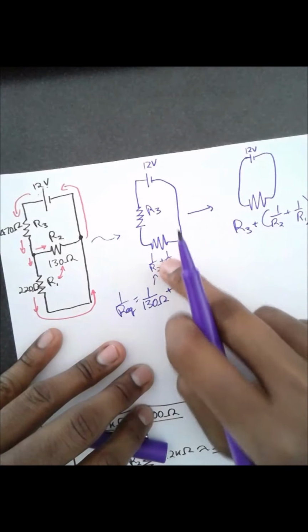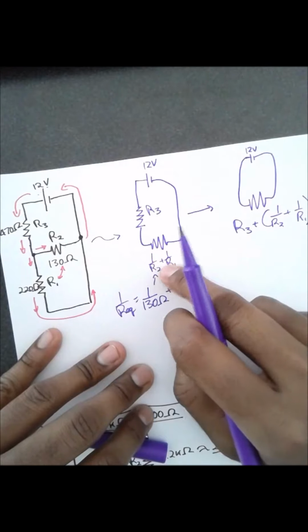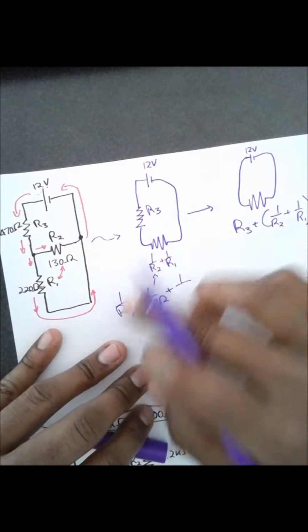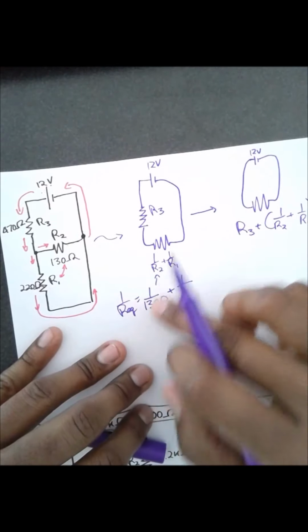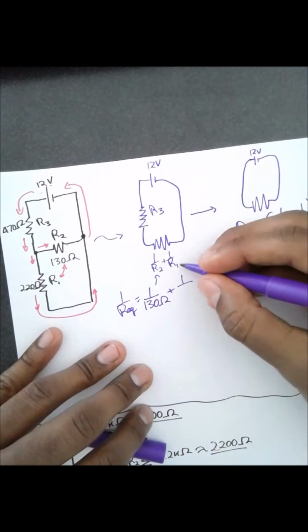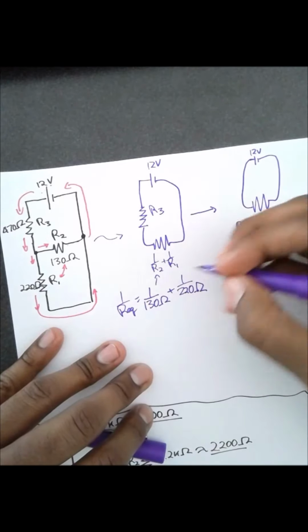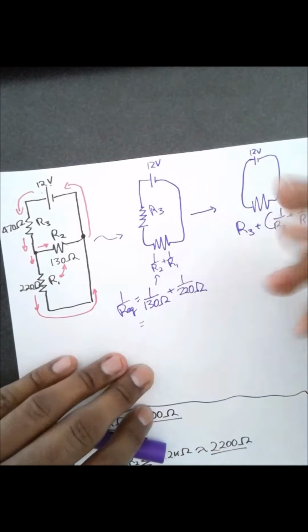This seems to state that the equivalent resistance is 1 over R2 plus 1 over R1. It's not. It's the reciprocal of that. This is 1 over REQ is equal to 1 over 130 plus 1 over whatever R1 is, which is 220. Okay, so now we're going to add these two.